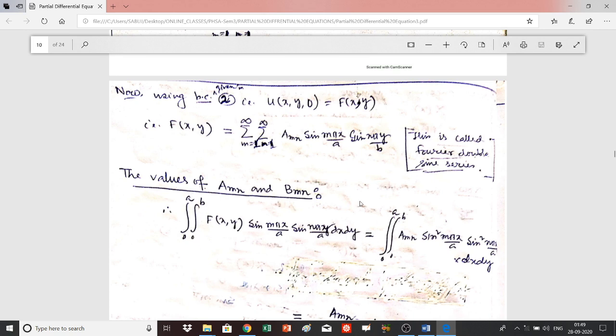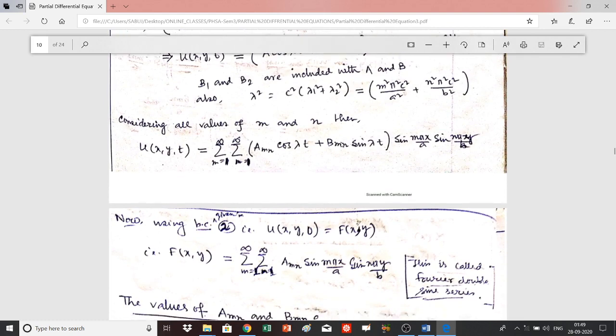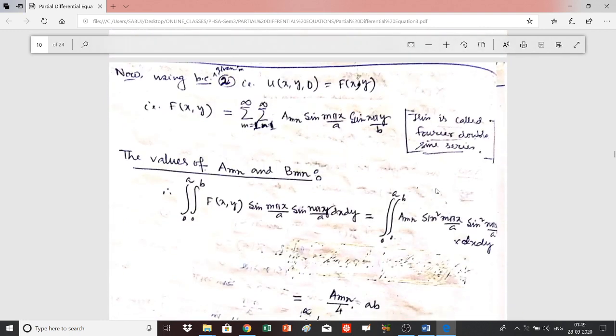That will give you the double integral from 0 to a and 0 to b, with a_mn, of sin square(m pi x by a) and sin square(n pi y by b) dx dy.